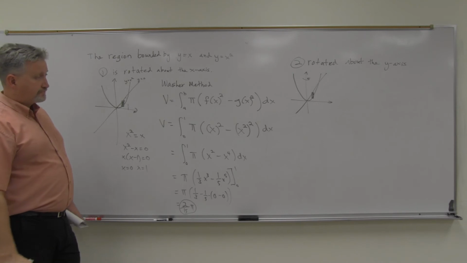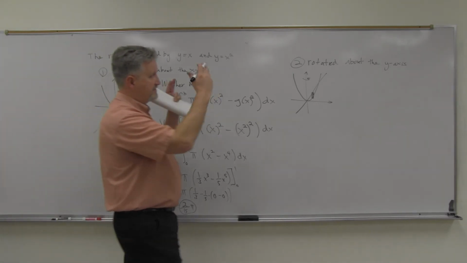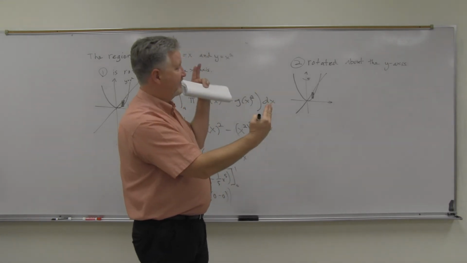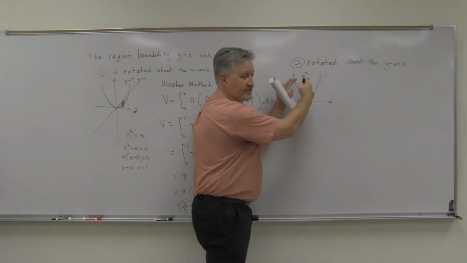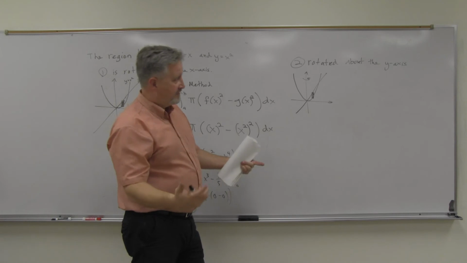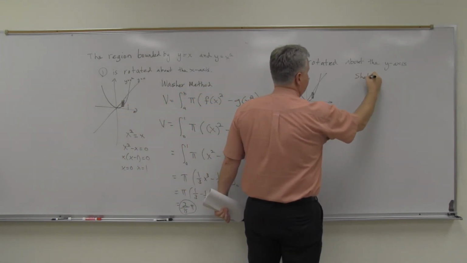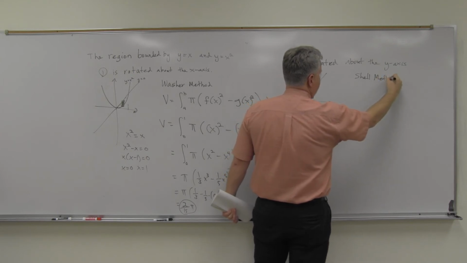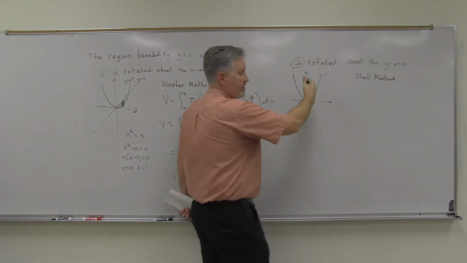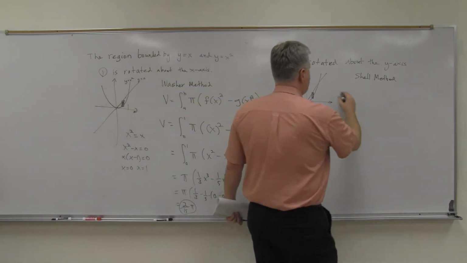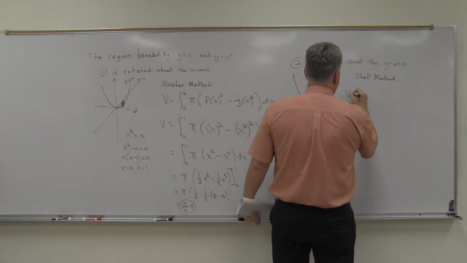Well, of course, what that changes is, since the axis of rotation is now the y-axis, the typical rectangle and the axis of rotation are parallel. And as we know, parallel means the shell method here. I'm integrating with respect to x because of the up and down vertical rectangles.